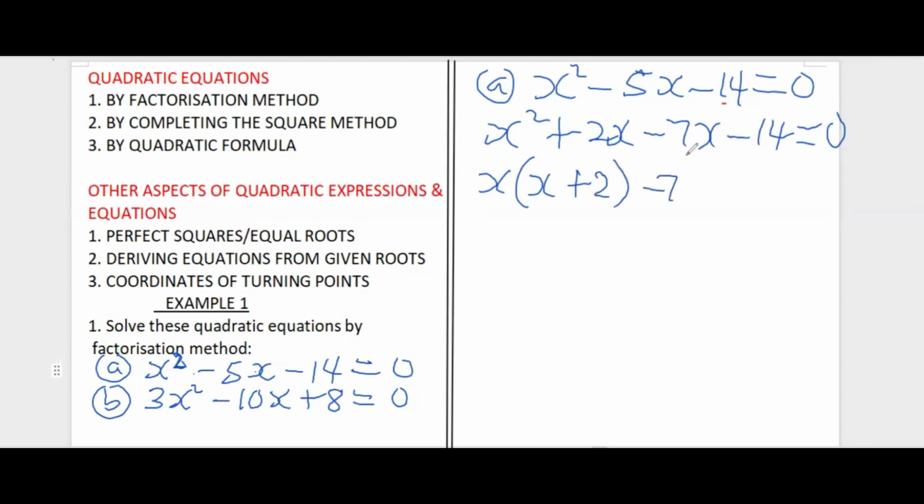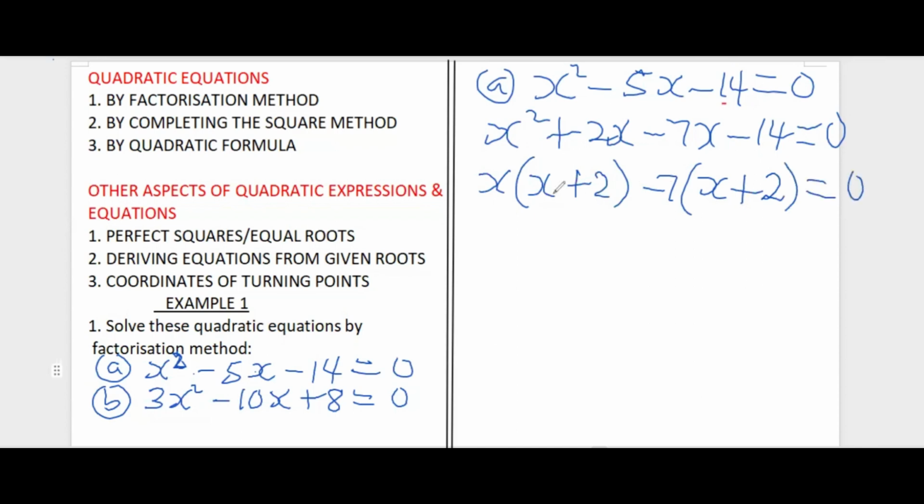Anytime you factor a negative number outside, you must be careful because the next sign will change. If it is minus, it becomes plus. If it is plus, it becomes minus. So negative 7x divided by negative 7, we have x left. Negative 14 divided by negative 7, negative divided by negative is positive, and 14 divided by 7 is 2, equals 0.